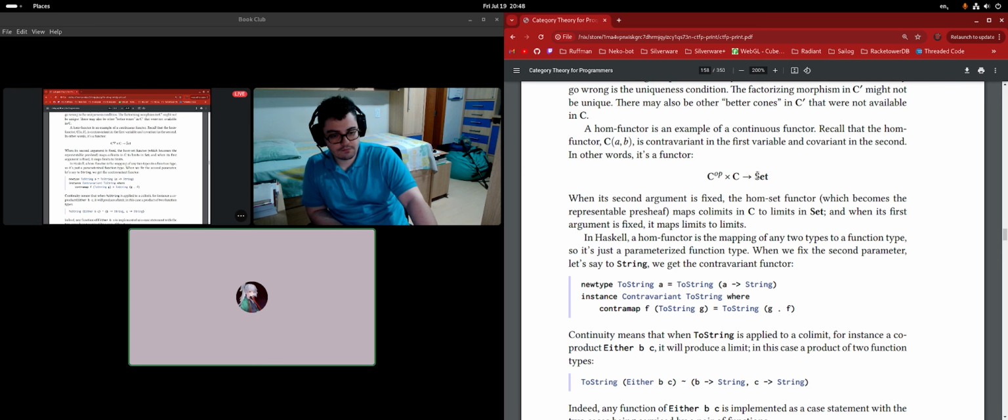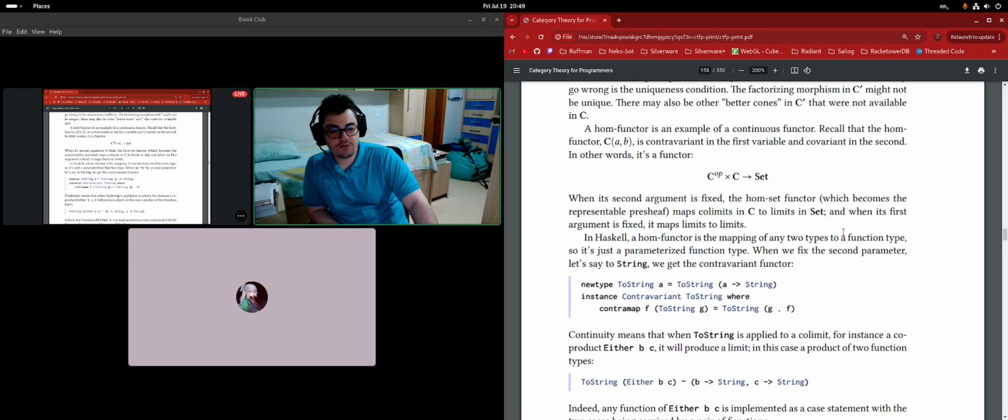And it's basically saying the first variable of this functor that goes from A to B in this example is contravariant, and the other one is covariant, because that's how arrows work. I guess. That's cool. A home functor is the mapping of any two types to a function type.